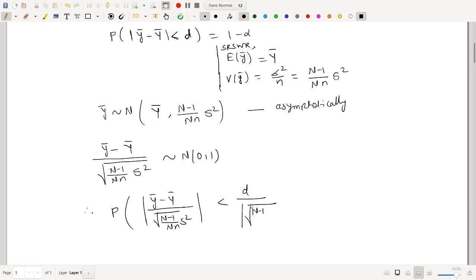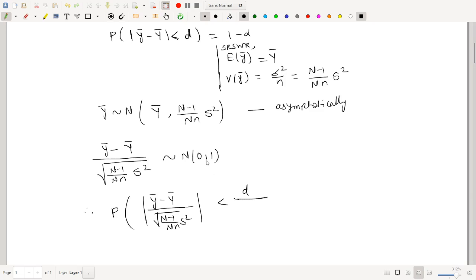No need to write mod here because this quantity is variance and variance is always positive. So here we had written mod, but no need to write mod because it is a greater than 0 quantity, and mod of a greater than 0 quantity is that quantity itself.